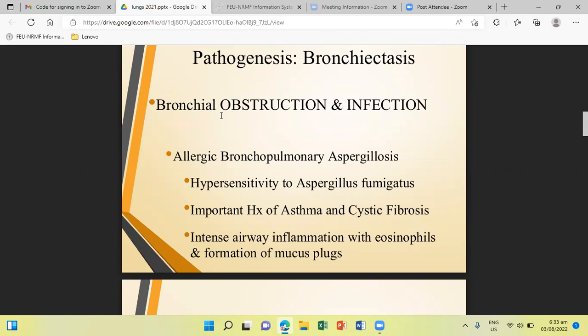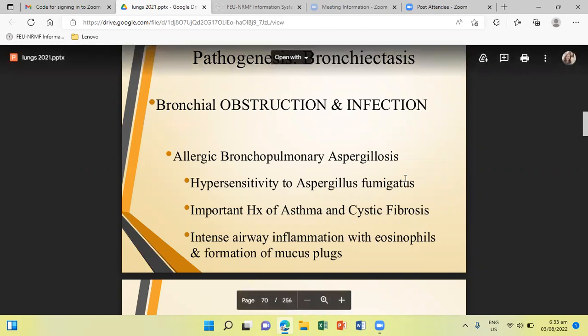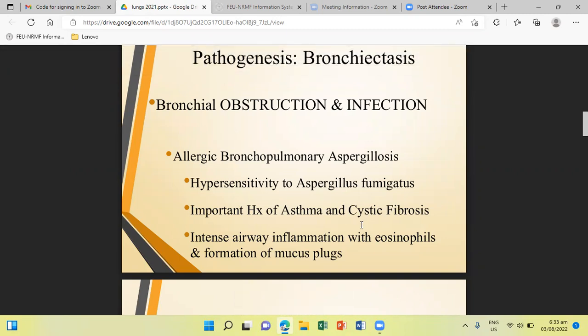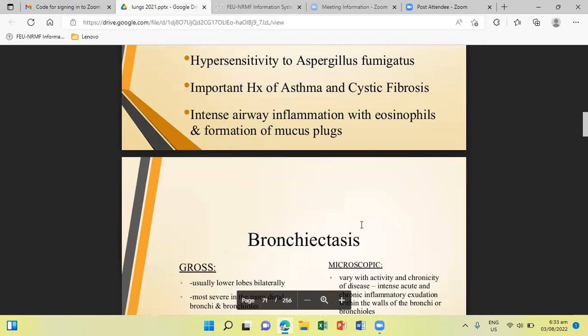It results from a hypersensitivity reaction, as you can see, to Aspergillus fumigatus. Sensitization to Aspergillus in the allergic host leads to activation of T helper 2 cells, which plays a role in recruiting eosinophils and other leukocytes.